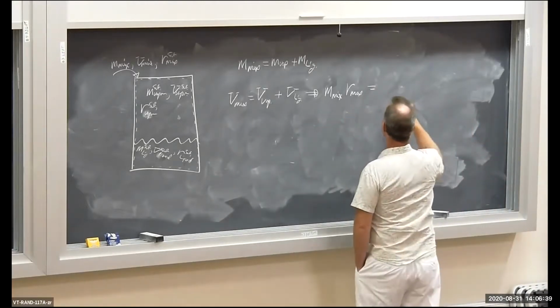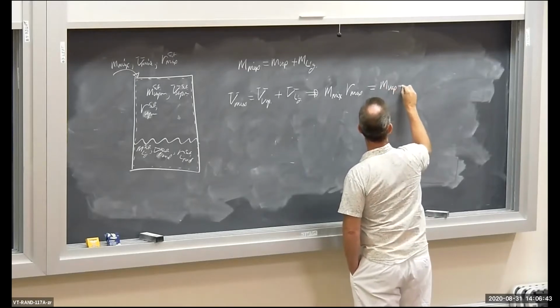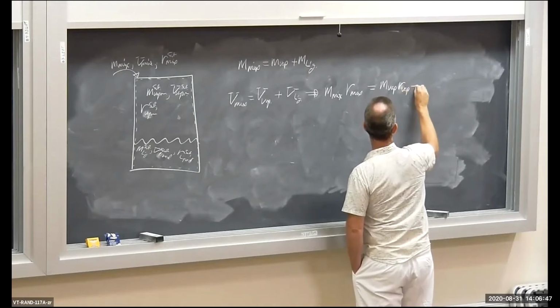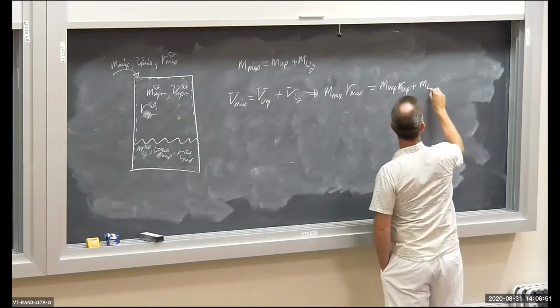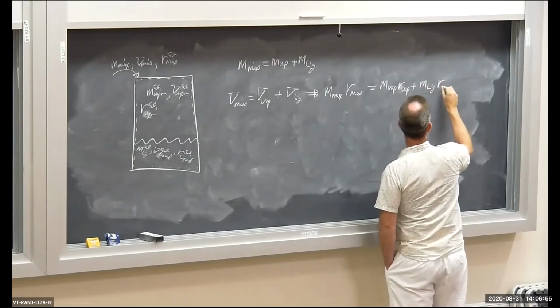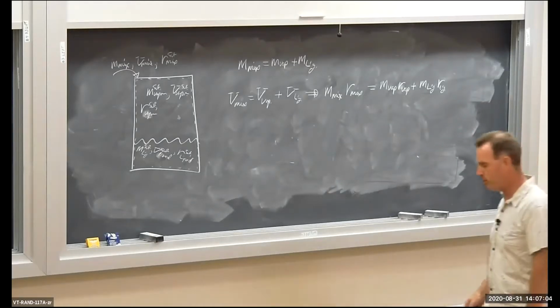The volume of the vapor component is equal to the mass of the vapor component times the specific volume of the vapor component. And the volume of the liquid component is equal to the mass of the saturated liquid times the specific volume of the saturated liquid. So I've rewritten the equation in terms of masses and specific volumes.